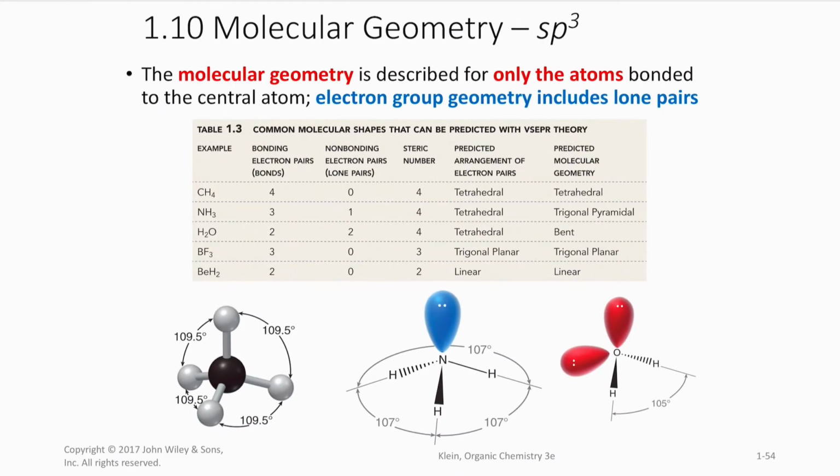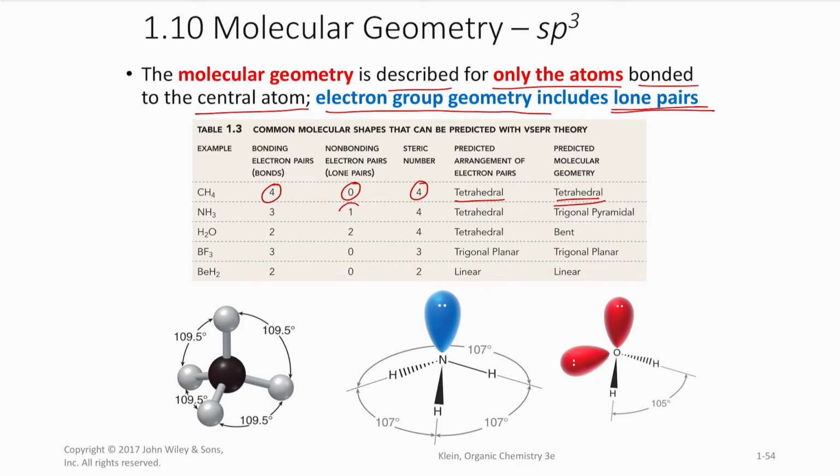Now, the molecular geometry in general is described only for the atoms that are bonded to the central atom. So whenever the electron group geometry includes lone pairs, we change the name of that structure. If you have 4 bonding pairs and 0 lone pairs, the steric number will be 4, the predicted arrangement is tetrahedral, and the molecular geometry is tetrahedral, so it stays the same.